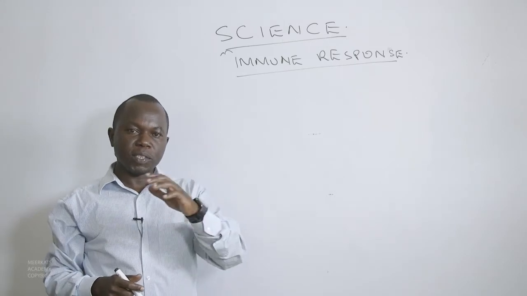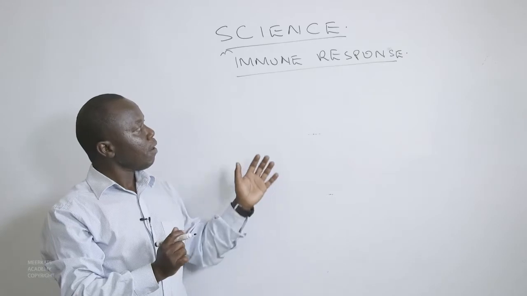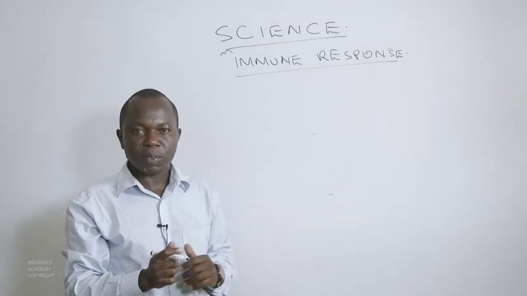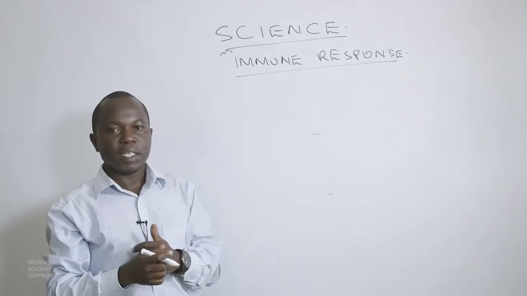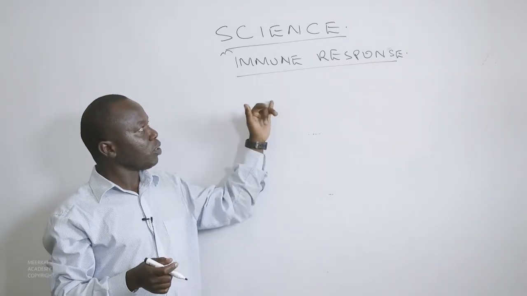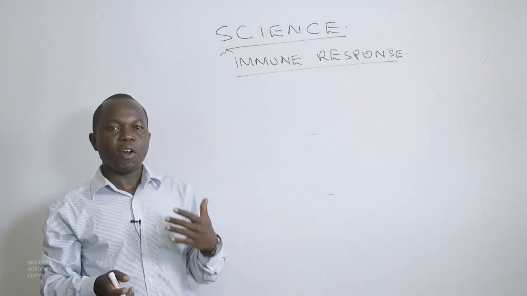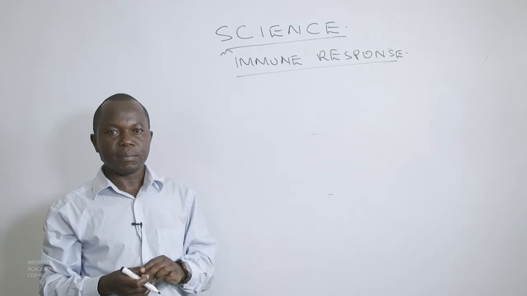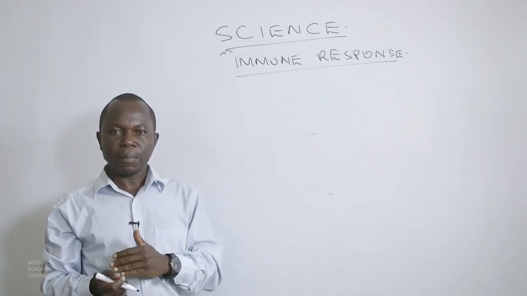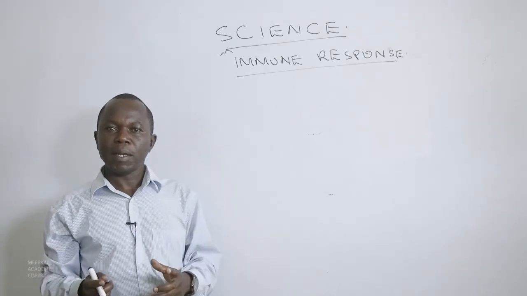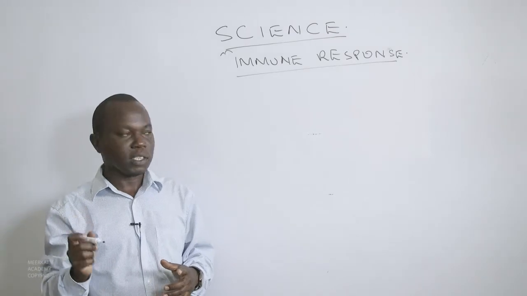We have a system called the immune system, and it's the one that usually produces immune response. Inflammatory response is part of the immune response. So when you talk of immune response, this is simply activation of the immune system due to presence of a harmful stimulus, but not any other stimulus, specifically a pathogen or an antigen.